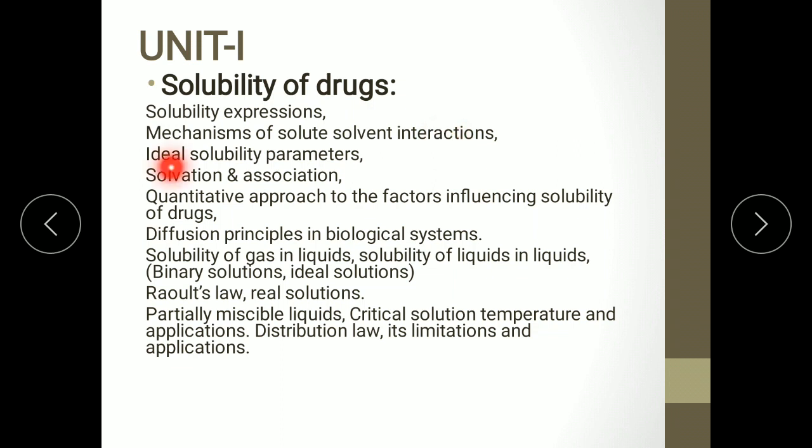Next, ideal solubility parameters, solvation, what is solvation, association, then quantitative approach for factors influencing solubility of drugs. Okay, in that factors, solute, solvent, environmental factors, and formulation factors will come.